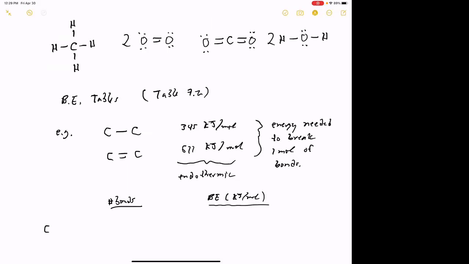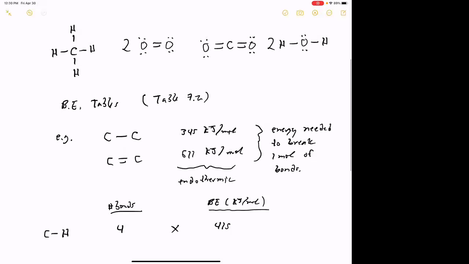So the type of bond is going to be the carbon-hydrogen bond here. The number of them is going to be 4. The bond energy I can go look up in the table, and that turns out to be 415 kilojoules per mole. So what do I do here to tabulate the total energy required to break them? Well, it's going to be the bond energy multiplied by the number of bonds I got to break. Okay, everybody see what I did there?